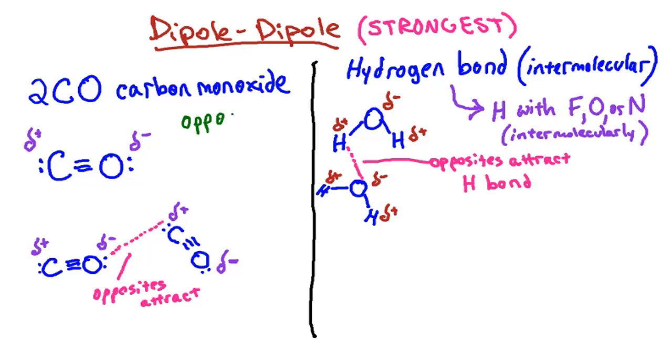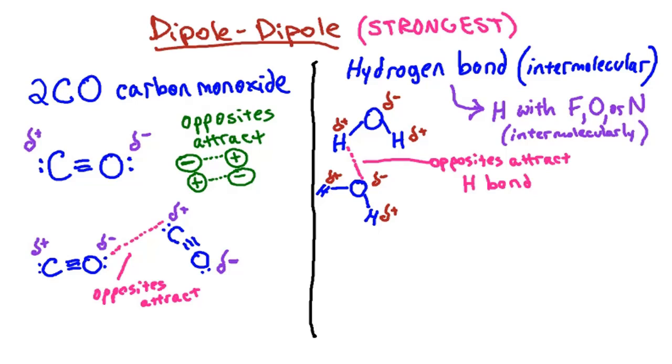So don't forget that. Opposites attract. The negative end of one molecule will hook up with the positive end of another molecule and vice versa. The positive end of one dipole molecule will hook up with the negative end of another dipole molecule.